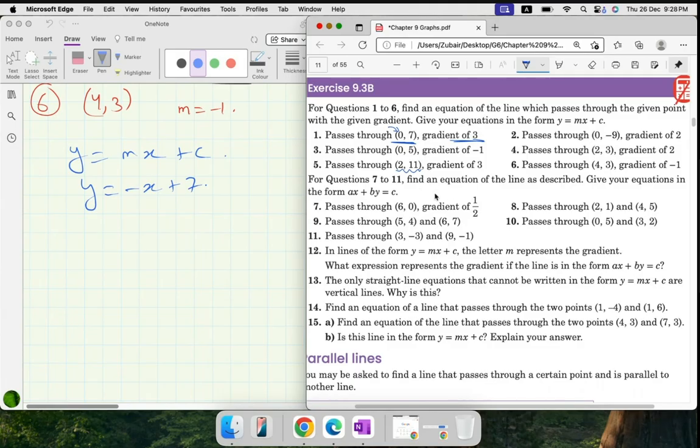Questions 7 to 11, find an equation of the line as described. Give your equation in the form ax plus by plus c.